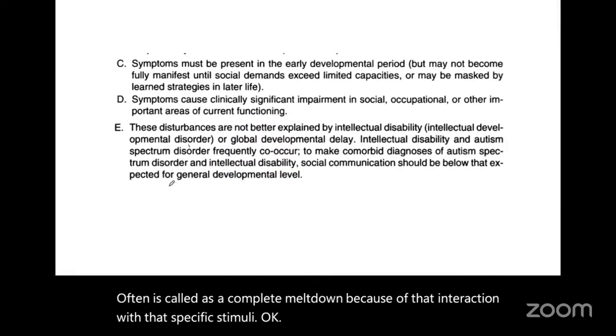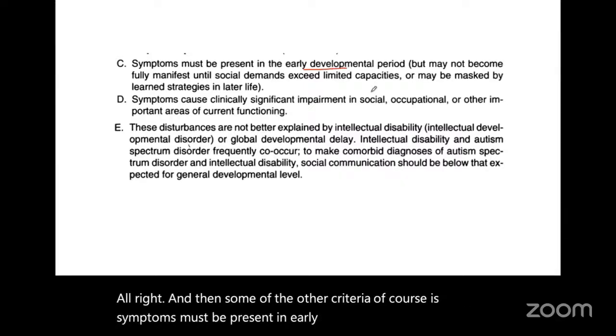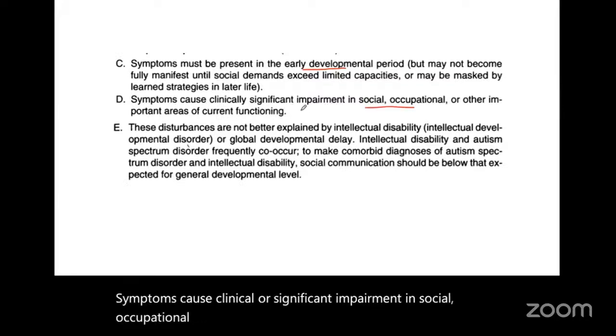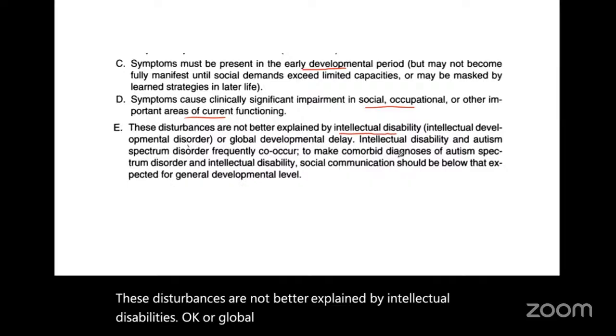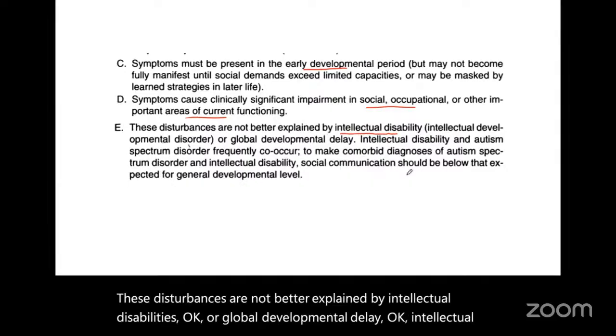All right. And then some of the other criteria, of course, is symptoms must be present in early development. Symptoms cause clinically significant impairment in social, occupational areas. Okay, this is that part of diagnosis that we talked about. These disturbances are not better explained by intellectual disabilities, okay, or global developmental delay. Intellectual disabilities and the autism spectrum frequently co-occur with each other to make a comorbid diagnosis.